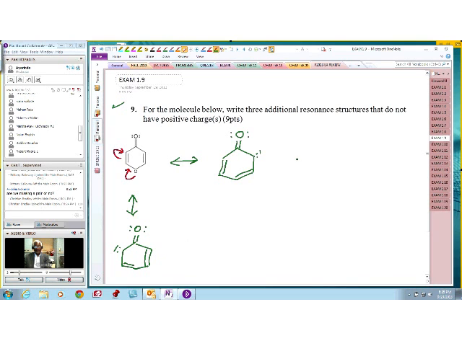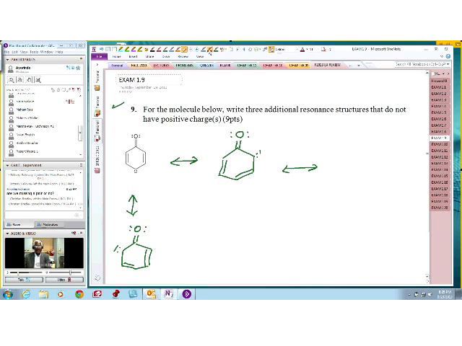Now we could draw another resonance structure involving the carbon-oxygen double bond. Supposing I do this. By the way, let me take this out so that it doesn't confuse anybody.